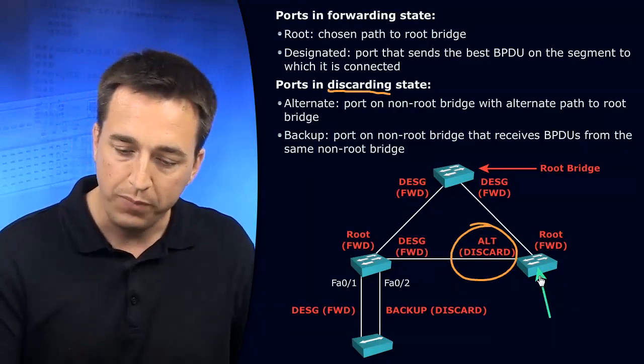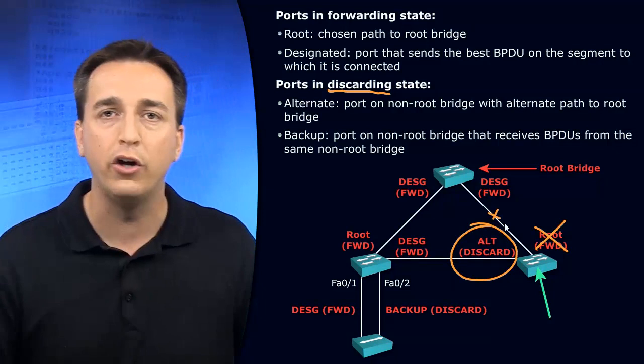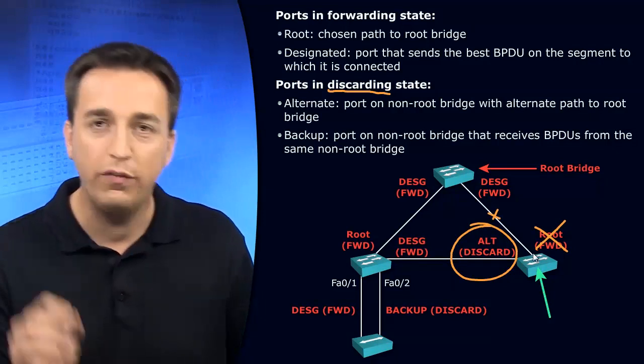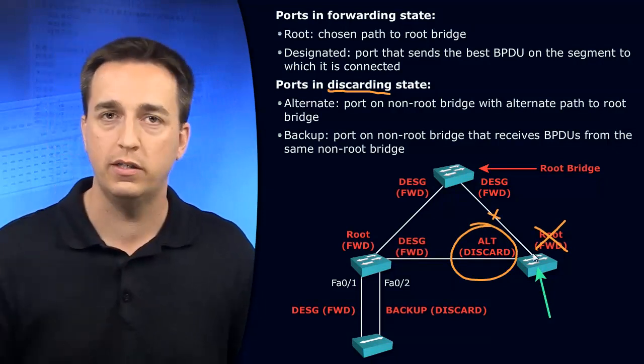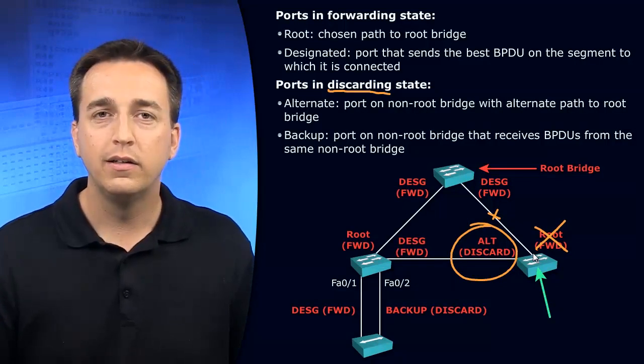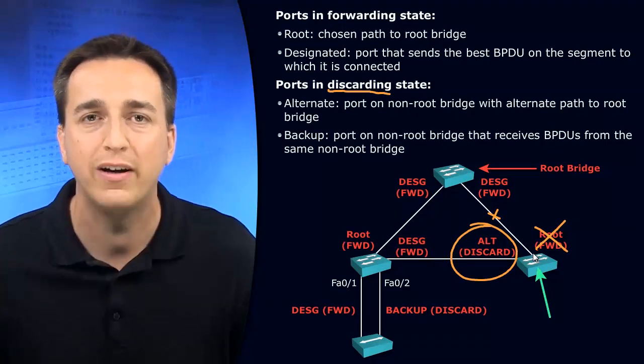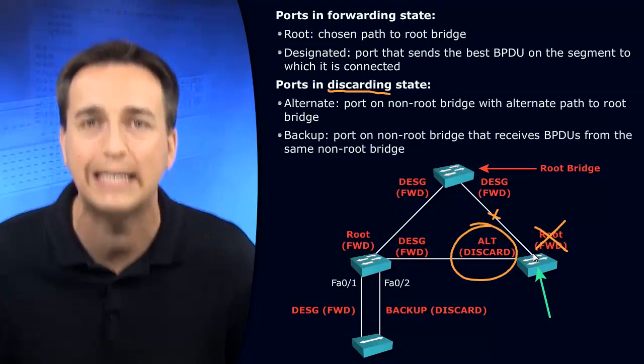What does this mean? It means if we have a direct failure right here, so this link goes down, a direct failure of the current root port, then this port does not have to wait for the BPDU to expire. It doesn't have to wait 20 seconds.